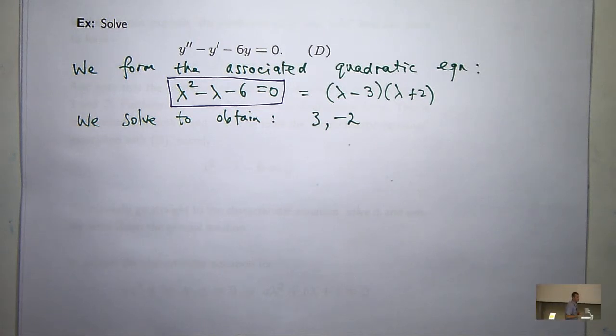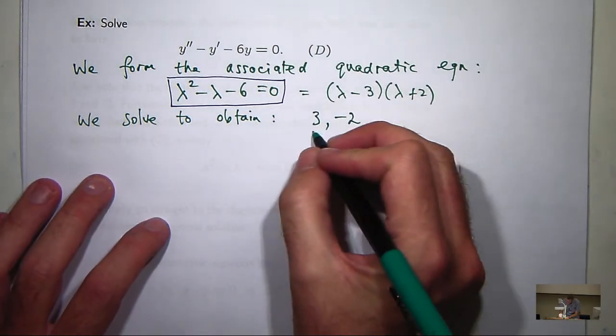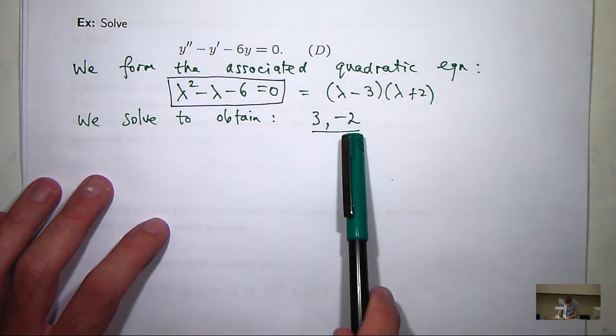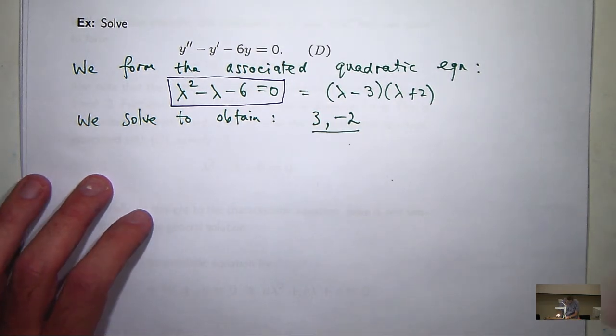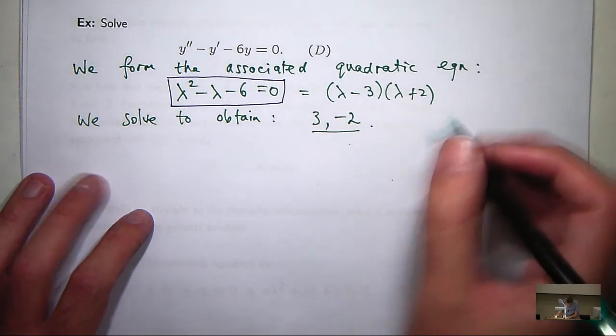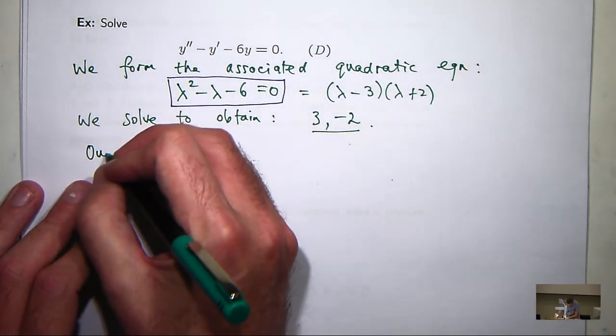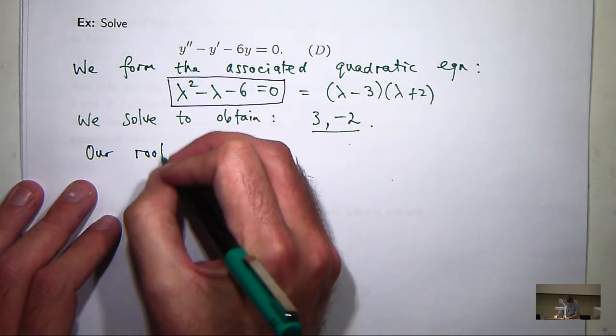Now, I've made a pretty big leap there. I'm claiming that the roots to that special quadratic can be plugged into these two exponential functions, and I can form a general solution for any constants, big A and big B. Now you can check that that underlined expression for y of x does solve the original differential equation.